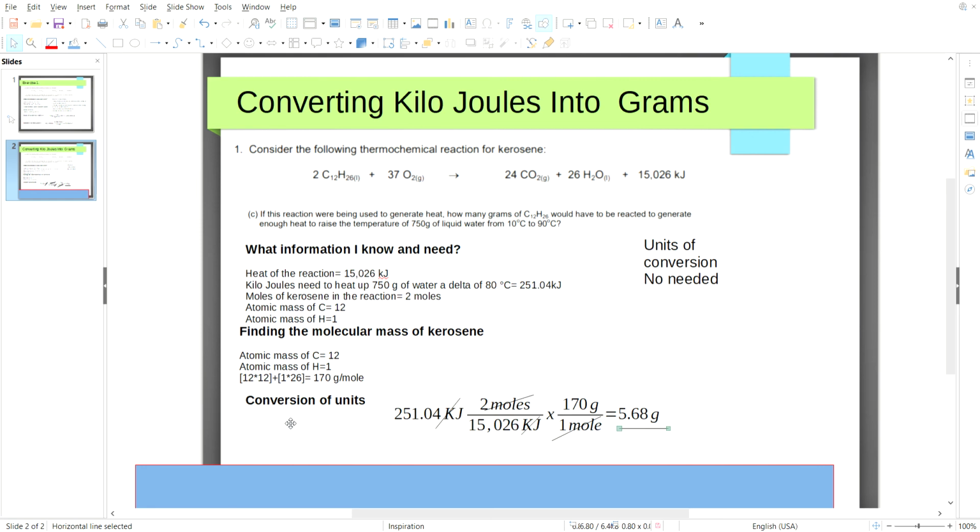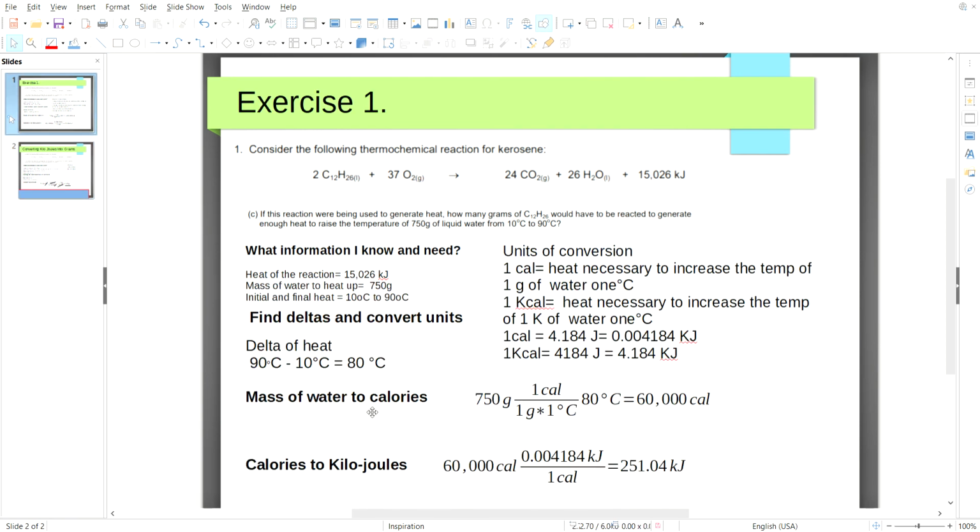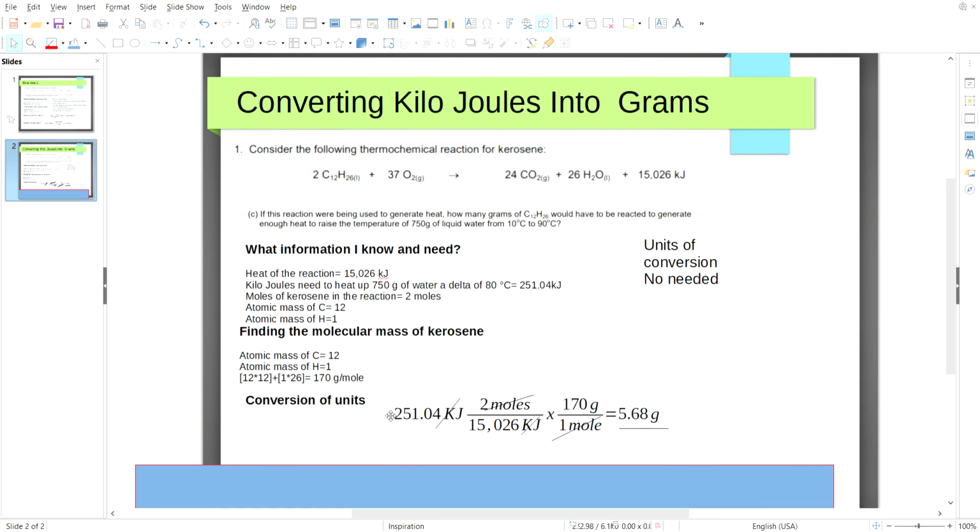The important thing here, guys, is being able to cancel the units properly, being sure that you have your final values in the corresponding unit on one hand, and on the other hand, dividing this conversion of units into as many pieces as you need. Let me give you an example. If you think of all this set of conversions that I was making as 3 chunks of work, they could be done in only one.